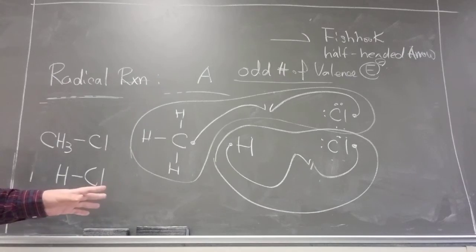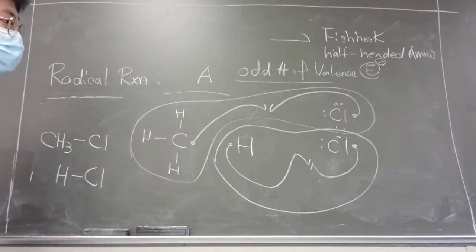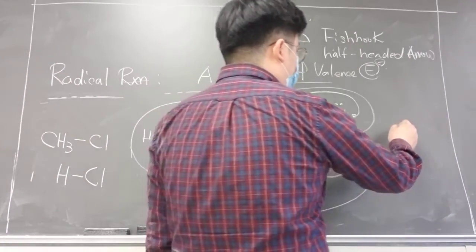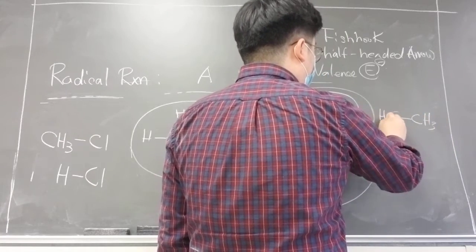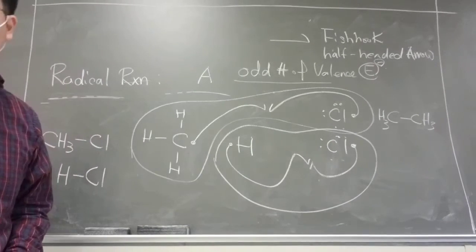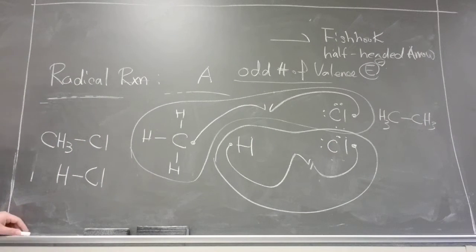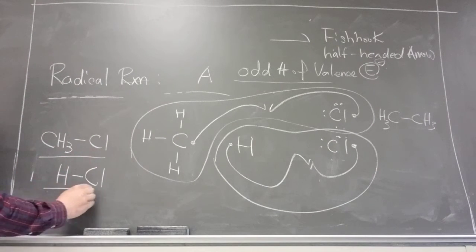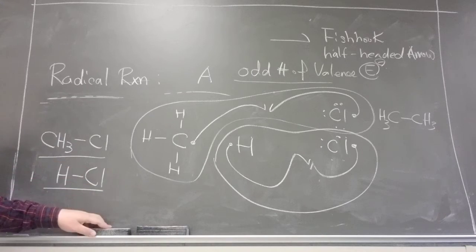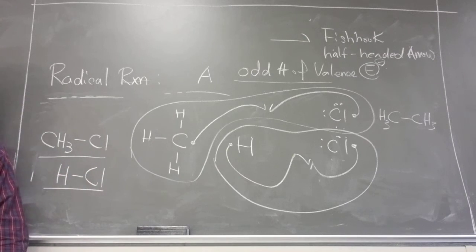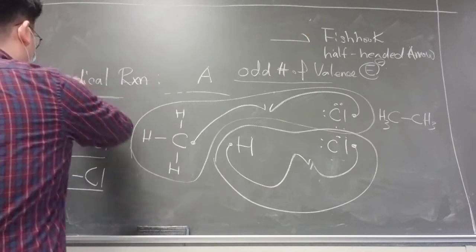Obviously, they can do some other ones like this one and this one. There are some other possible products, but mainly we're going to have those two here with the radical reactions. Okay. Does it make sense so far? I'll move on.